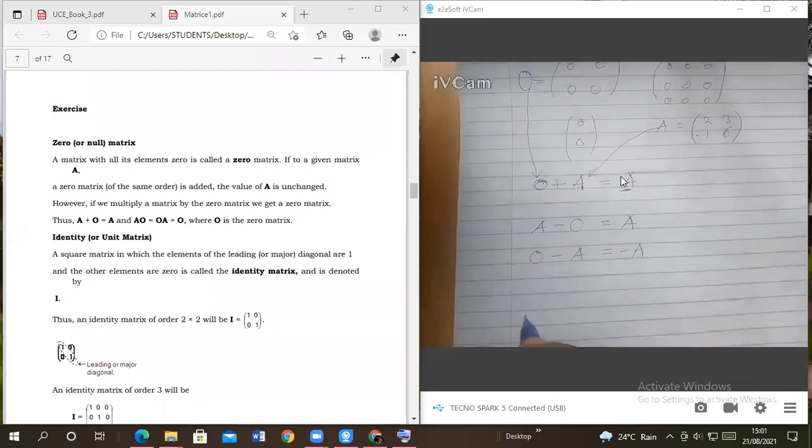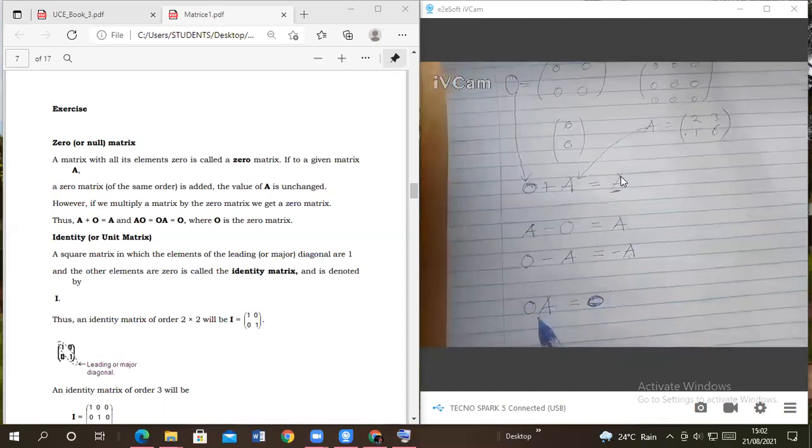And another property is multiplication. If you get the matrix O, which is our zero matrix, times another matrix, let's say matrix A, this will give you the same answer as the O. It will be a zero matrix as a result, okay? That zero matrix times the matrix A gives a zero matrix.